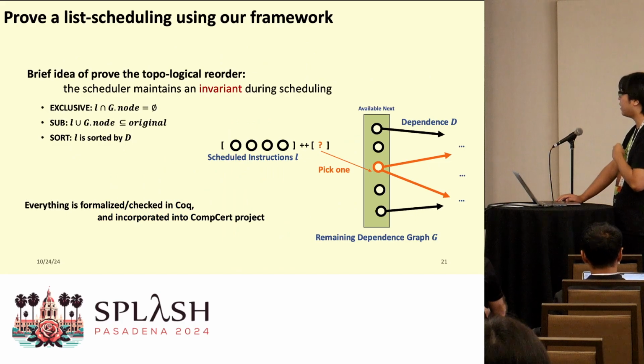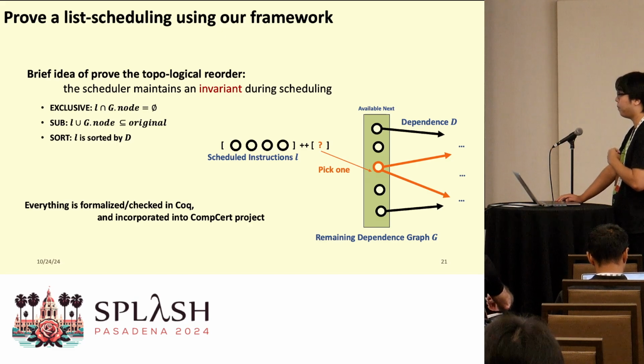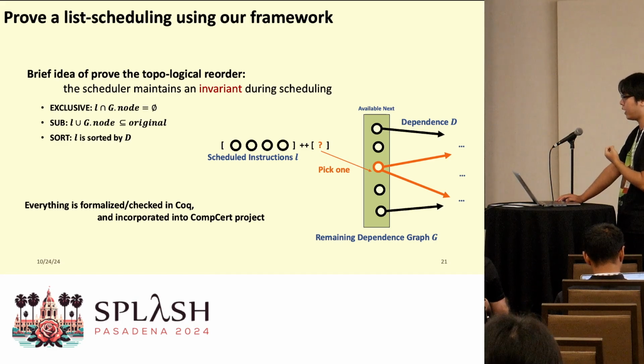And the basic idea to prove the syntax dependence preservation is to prove that it preserves an invariant during such iterative picking. It says that the already scheduled list and the remaining dependence graph are exclusive from each other, but the union of them is exactly the same as the original list.